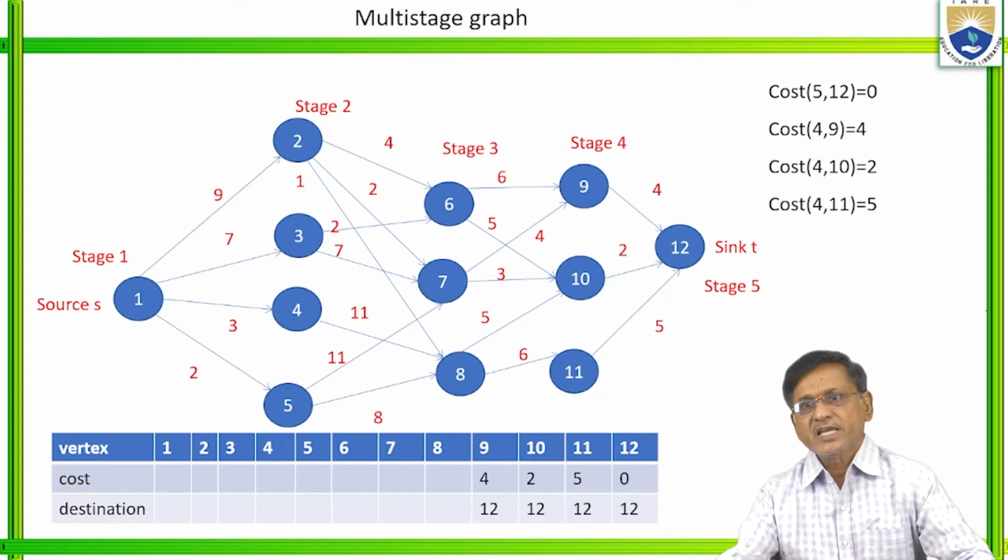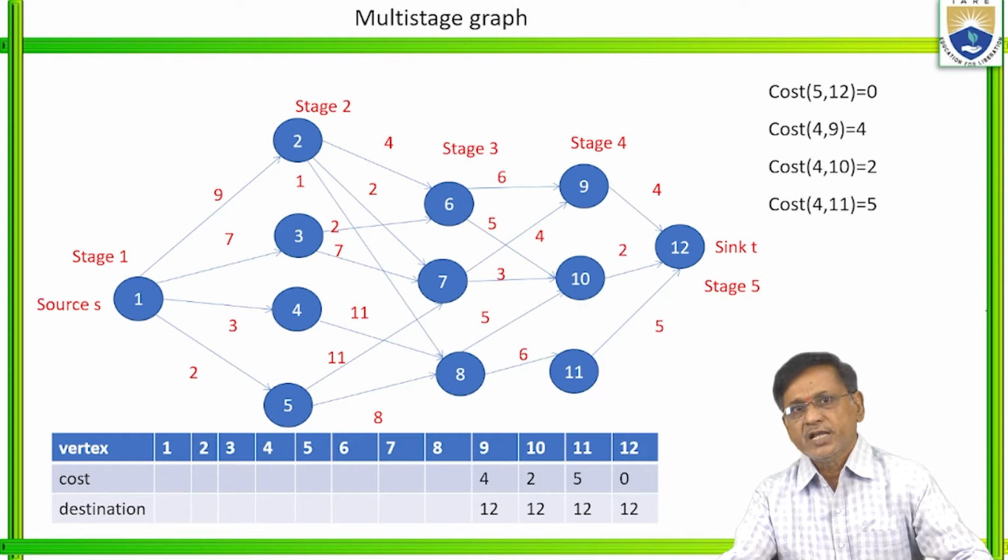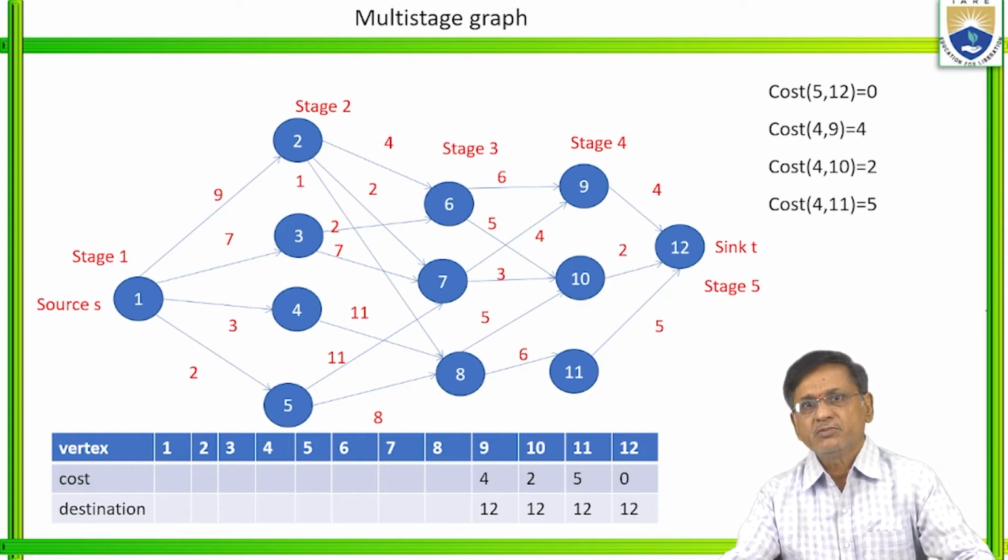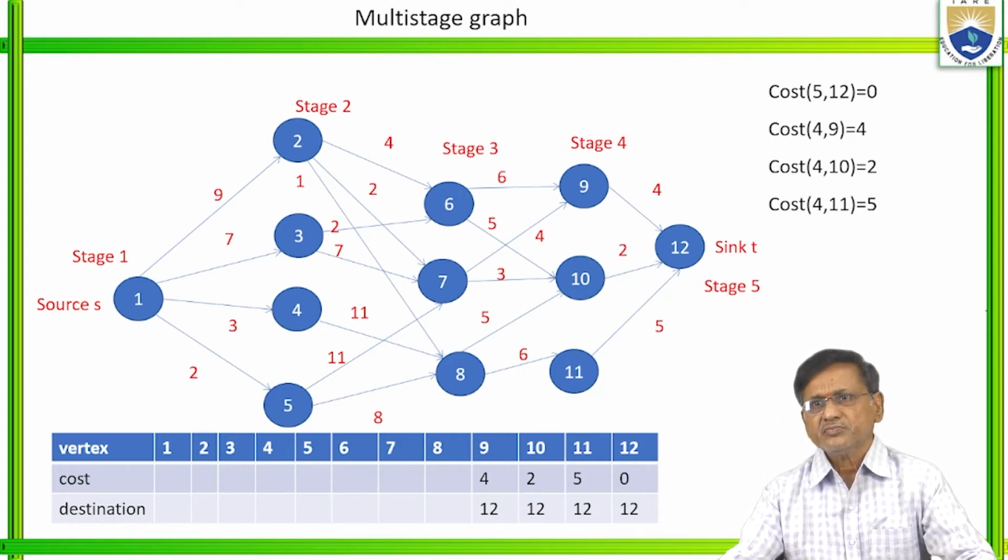So we can explain this problem by using the tabular form. In that, vertex 1 to 12 is there. The second one is the cost and the third one is the destination. Then from 12 to 9, what is the cost? So 9 to 12, it is given as 4. That means the cost of the vertex 9 corresponding to the stage 4 is equal to 4.